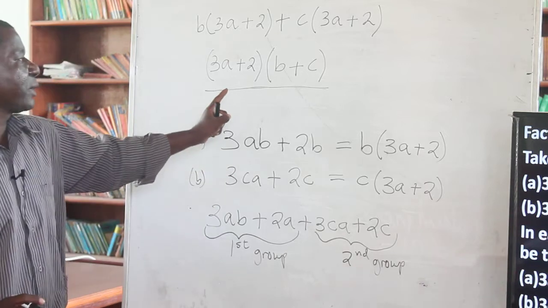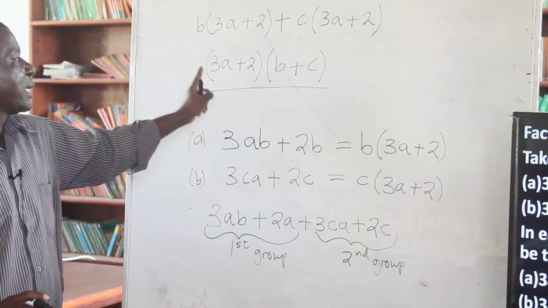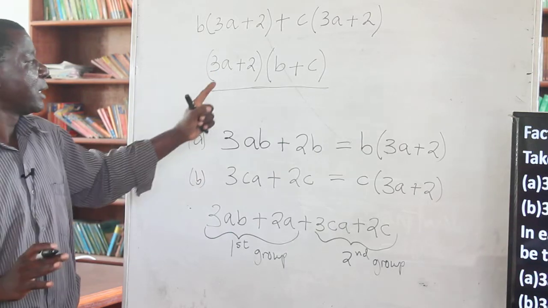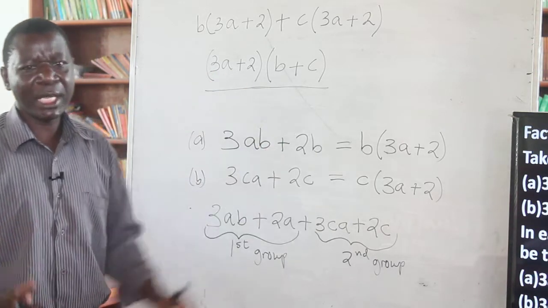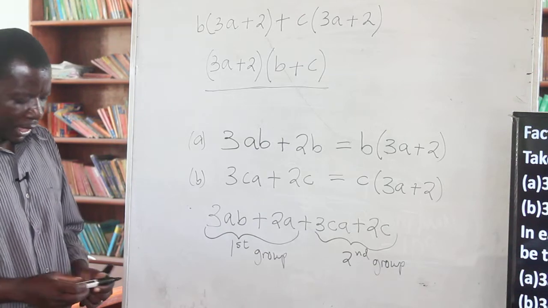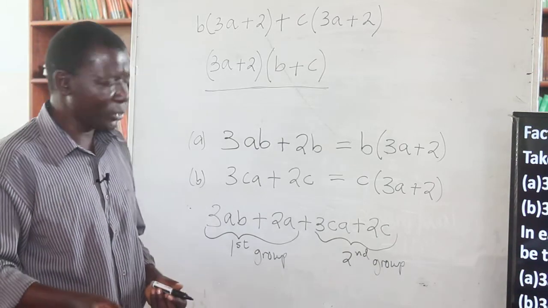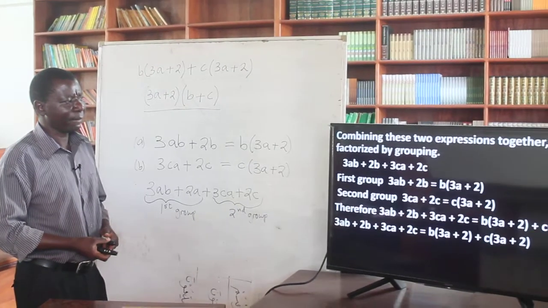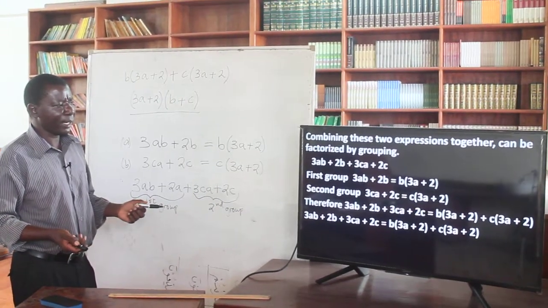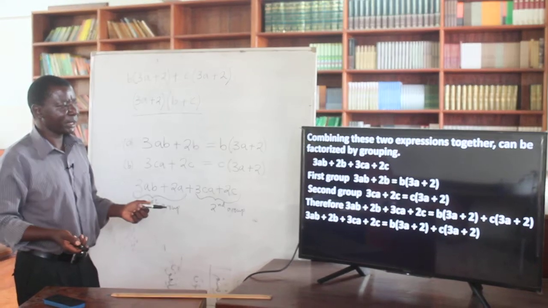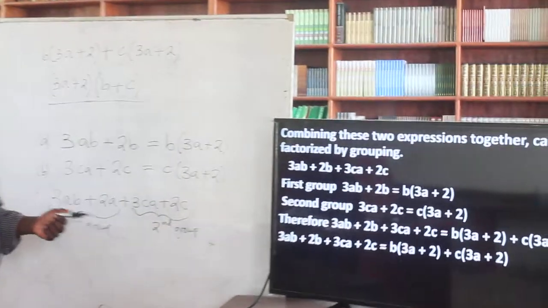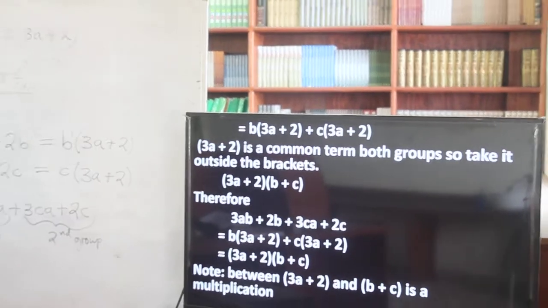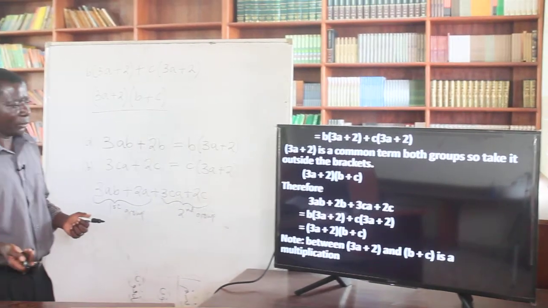And we can see now the final answer that we are getting is 3a plus 2 inside one bracket, then b plus c inside the second bracket. And this is good enough. We can do that even in other sums that we are given to make the same factorization by grouping. Now look at this.